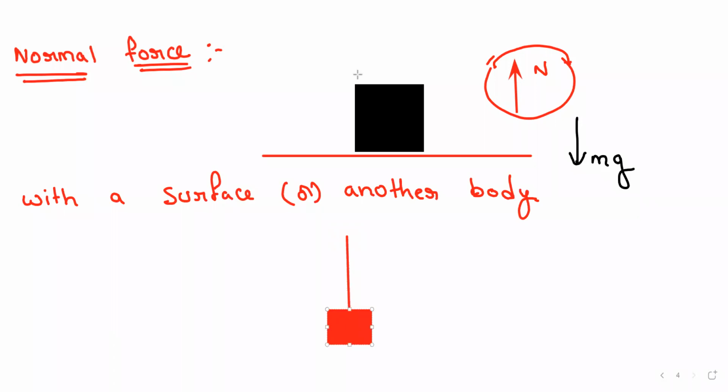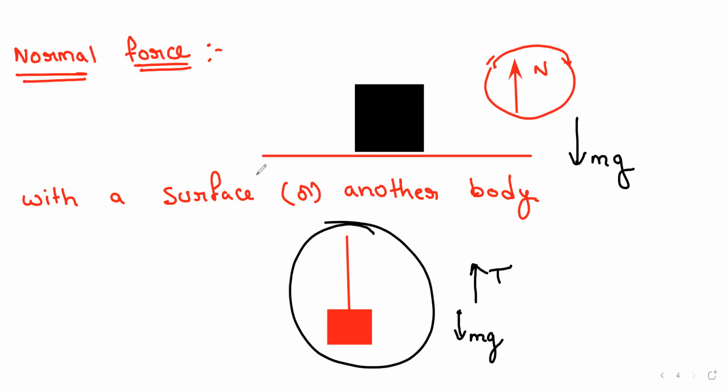In this case, how many forces are acting on the body? Two forces. One is mg, another one is tension. Here there is no normal reaction. When there is contact with a surface or another body, then we write normal force or normal reaction.